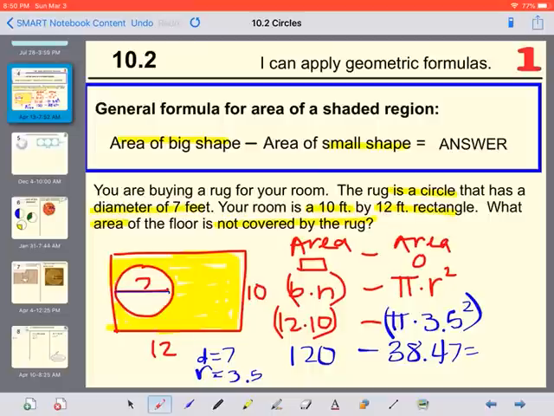If I subtract, that'll give me the area of the shaded region, or the part not covered by the rug. So 120 minus 38.47 gives us 81.53 feet squared. So we're using our formulas that we already know about geometric shapes and our formulas for circles to find the area of a shaded region.